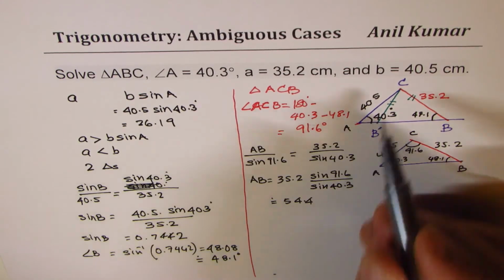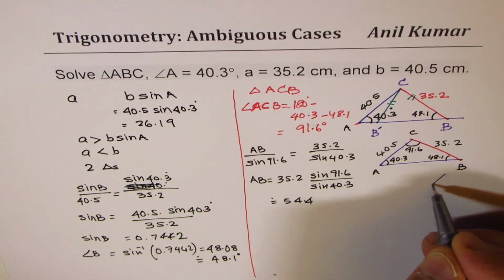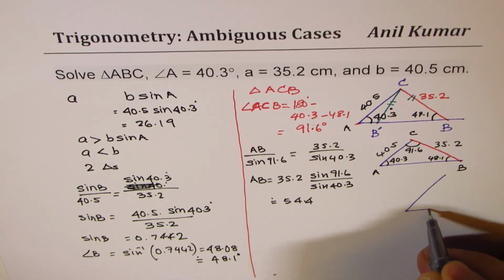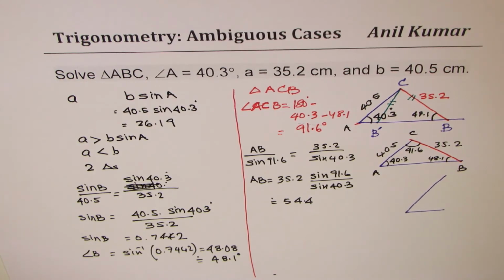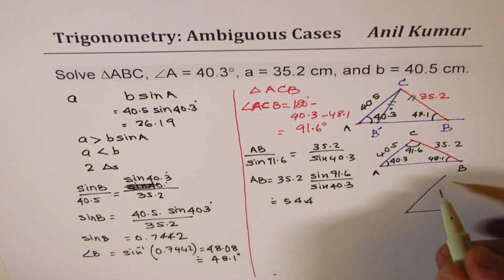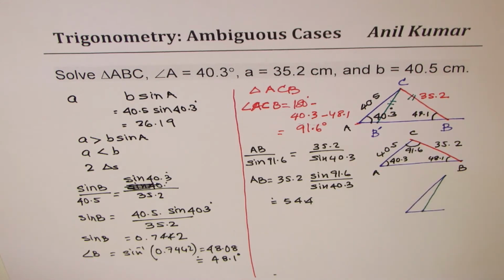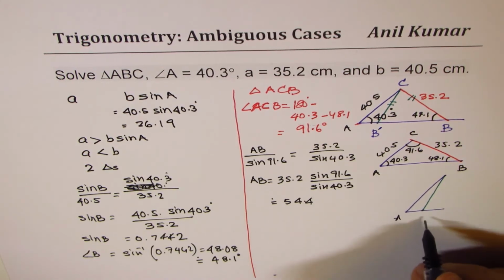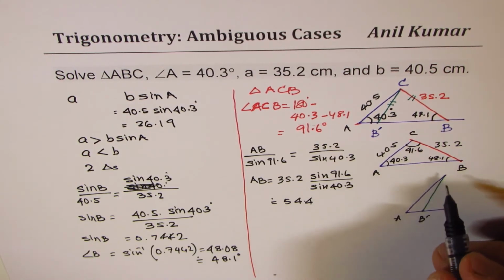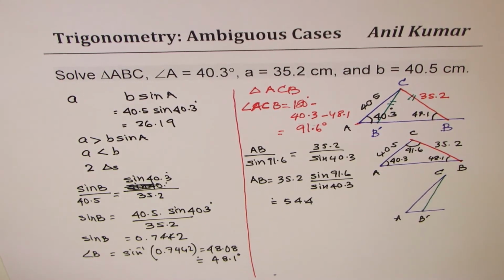Now let us solve the smaller triangle, which is kind of like this. So I'm just enlarging it a bit to draw. Okay, so that's the triangle where the sides are A, this is B dash, and this is C for us.